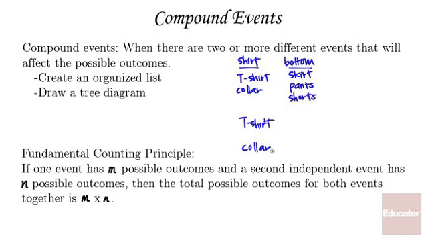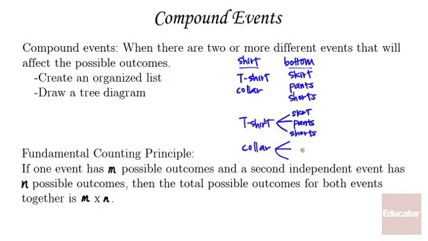And then you're going to branch out from the t-shirt. How many options do I have to pair up with this? I have 3, right? So you're going to do 1, 2, 3. So you're going to write the skirt here, pants, and shorts. Same thing with this one.